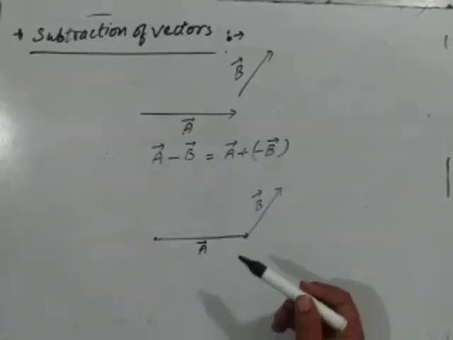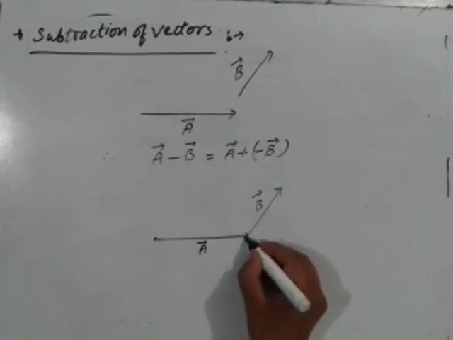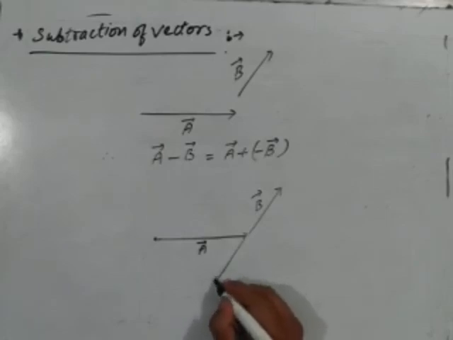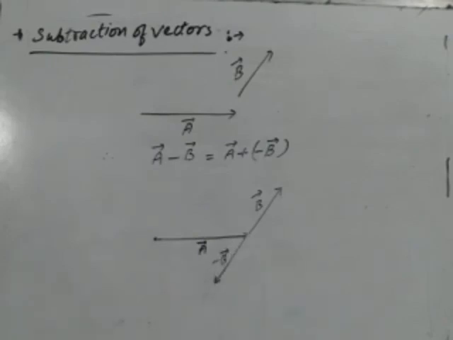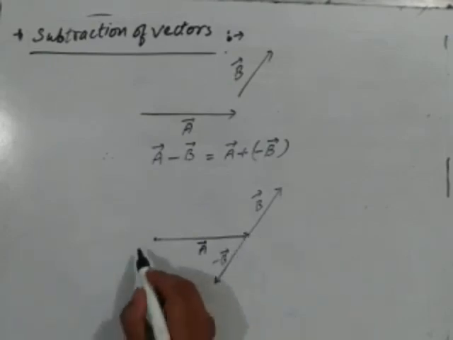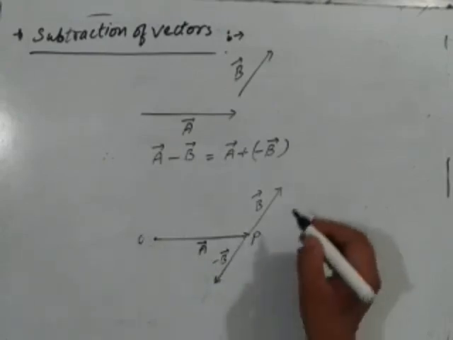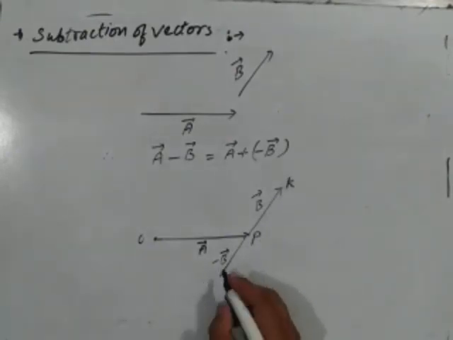Now we can make negative of B vector by taking another vector just in opposite direction of the same size as that of B vector. This is minus of B vector. We name this O, P, K, and this is M.